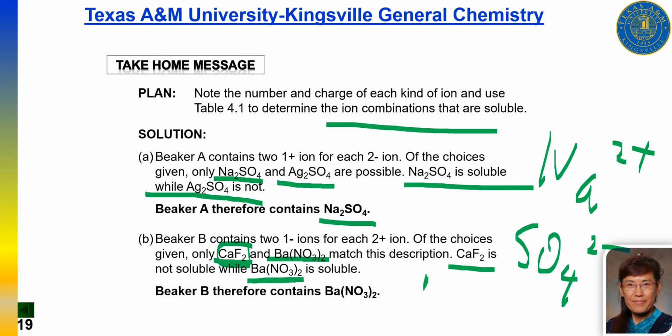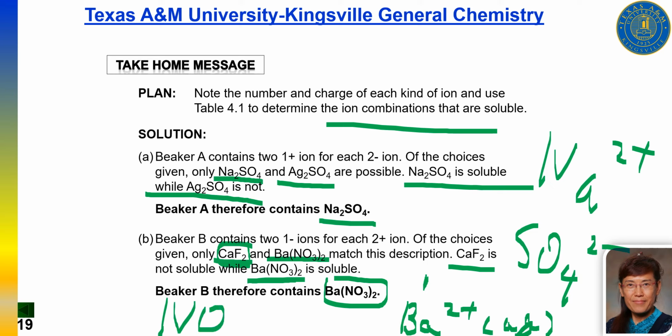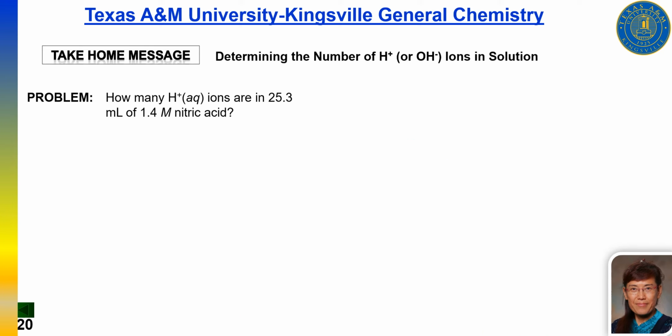Your barium nitrate is going to break down to Ba2 positive in the aqueous. And then your nitrate, you will have 2 moles of your NO3 negative. So you have 2 moles. That's how you are going to determine the, you can say, dissociation balanced reactions.